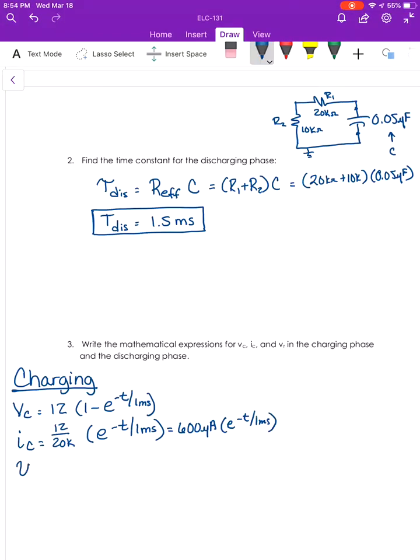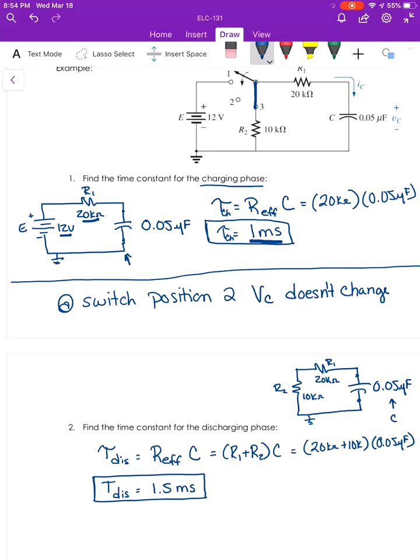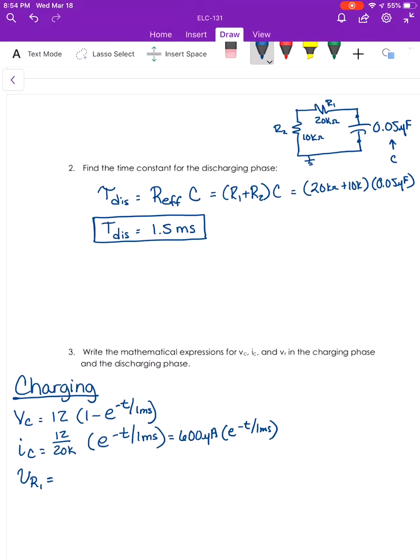Okay, and then the voltage drop across R1 is right here. Remember, it's going to have the same shape that we had for our current.